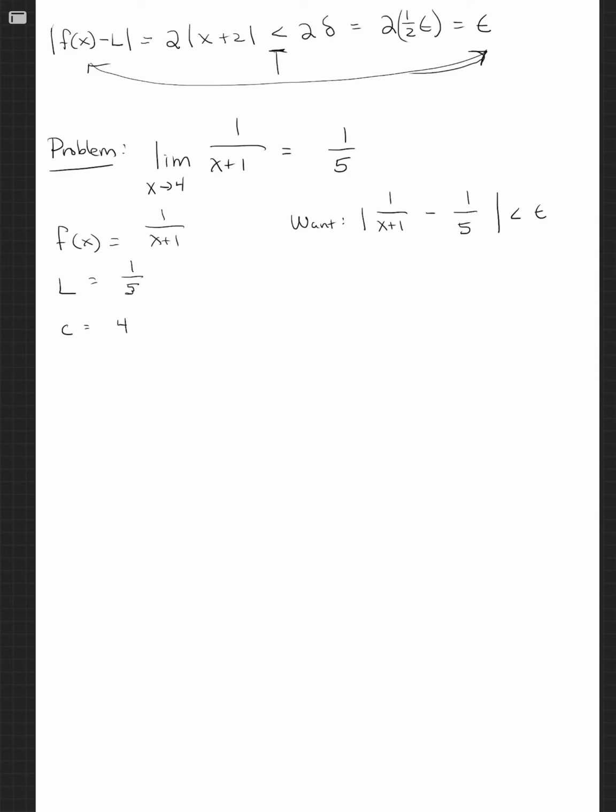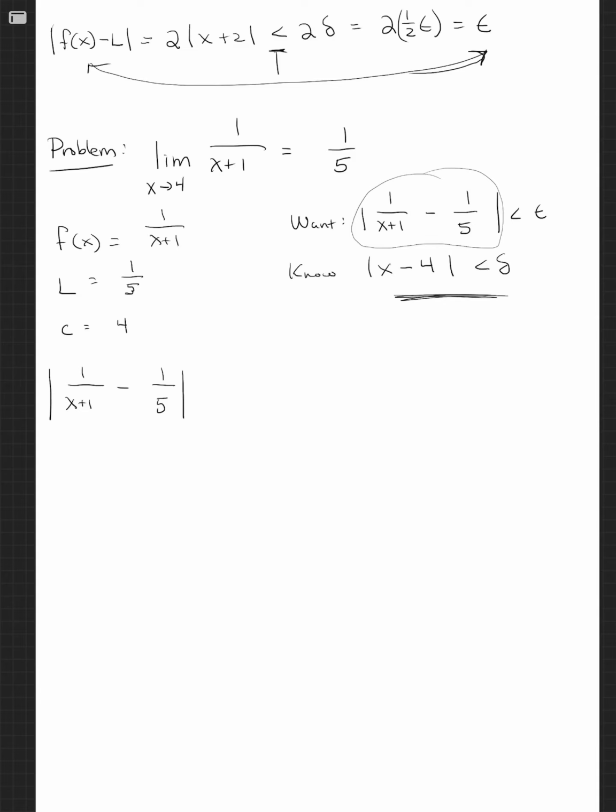So we want f of x minus L to be less than epsilon, and we know that x minus c is less than delta. Right? So our goal here is going to be to rewrite this part of what we want so that we can use what we know.